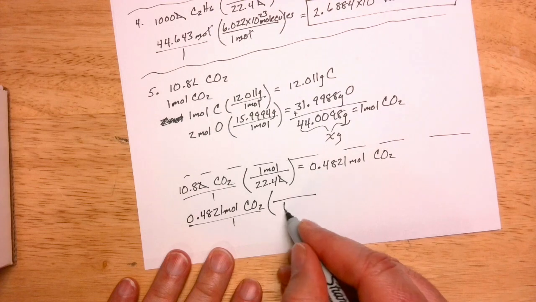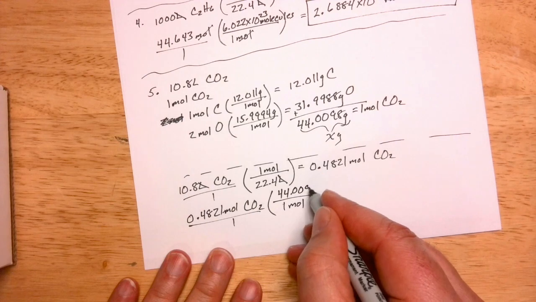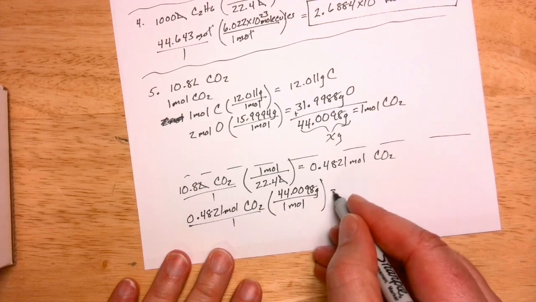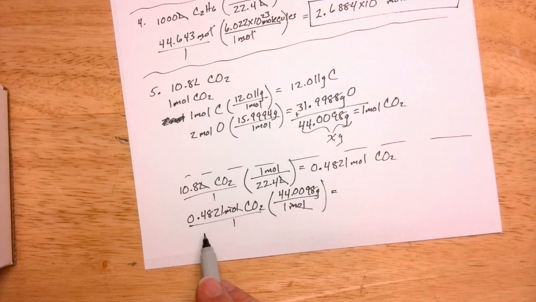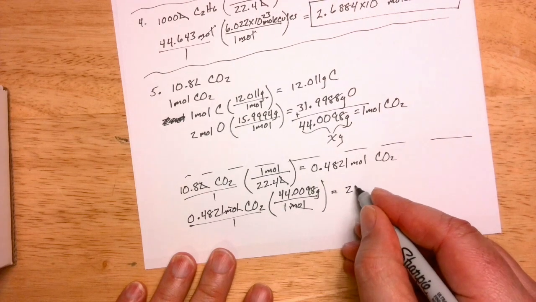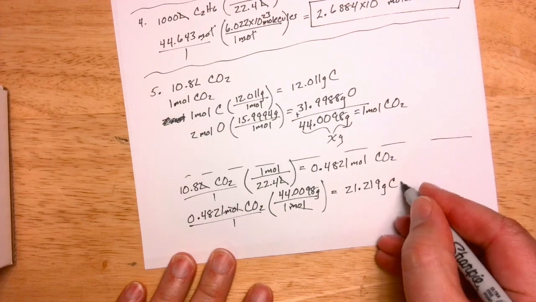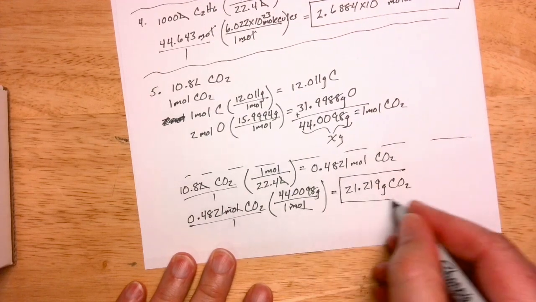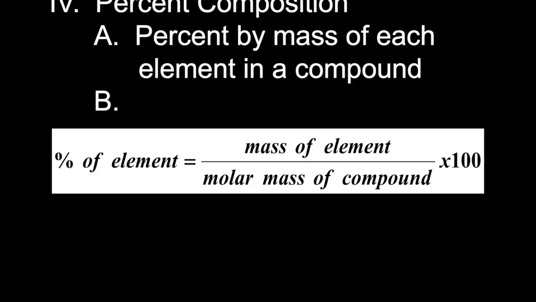So 1 mole is on the bottom, and 44.0098 grams is on top. Moles are going to cancel out. So 0.4821 times 44.0098, we get a total mass of 21.219 grams of carbon dioxide. So that's your answer for that part. All right, this concludes the second part of the video. In the next part, we're going to get into percent composition.